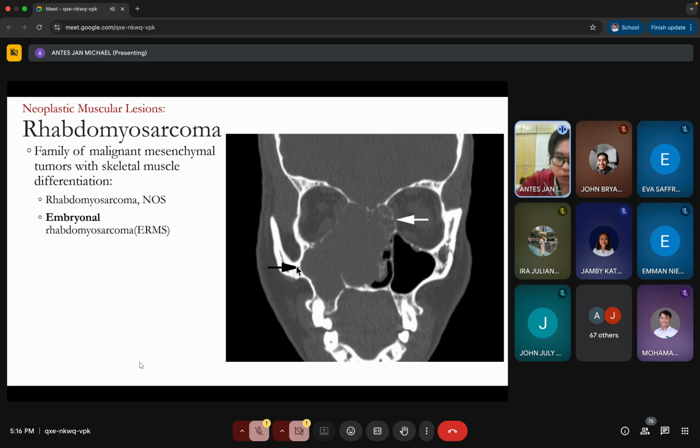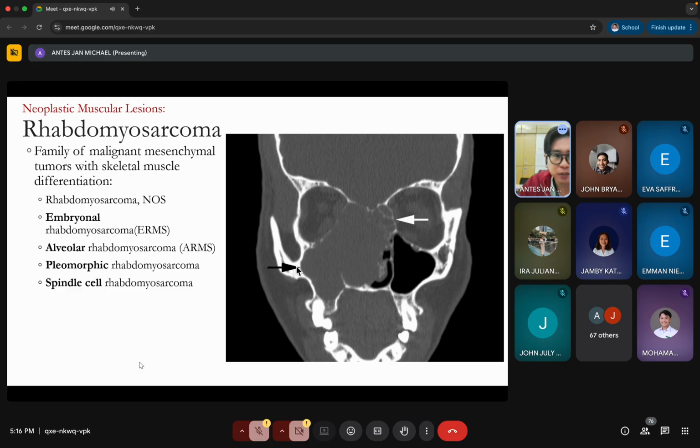And then all of this list down right here: we have embryonal, alveolar, pleomorphic, and spindle cell. Now, each of these subtypes would have its corresponding age predilection and also its corresponding prognosis.